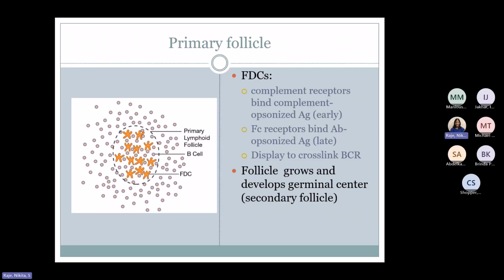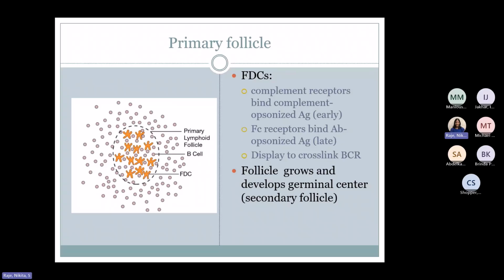So the antibodies tag that antigen and eventually make their way to the secondary lymphoid organ. There they enter the lymphoid follicle, and because the Fc receptors are present on these FDCs, they will bind that antibody opsonized antigen.